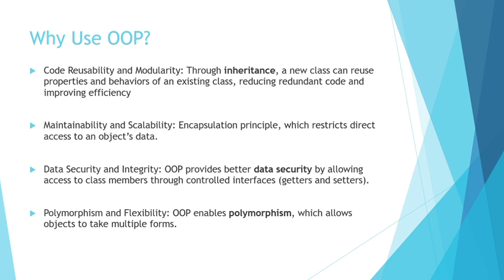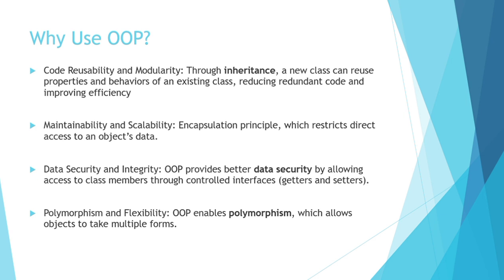By reusing existing code, developers can build applications faster and maintain consistency across different parts of the system. Additionally, modularity ensures that different components of a program can be developed, tested, and modified independently, making the overall system more manageable and scalable.